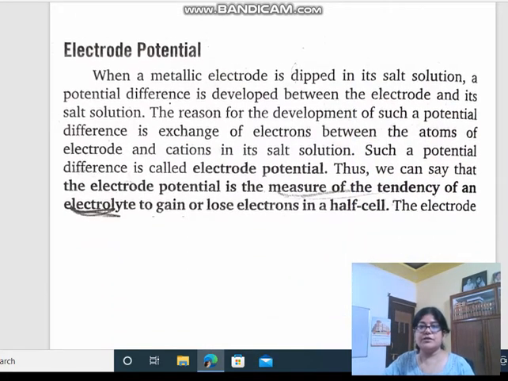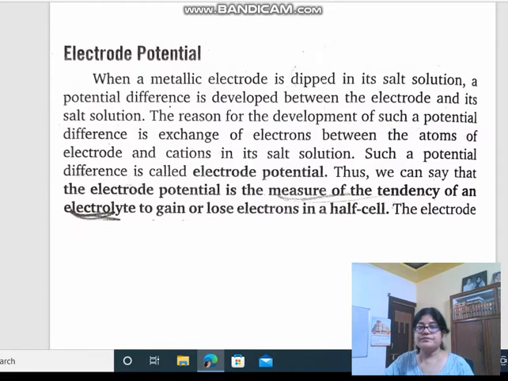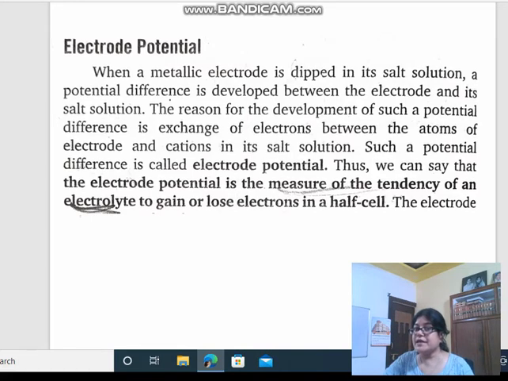So now the next topic, what is electrode potential? When a metallic electrode is dipped in its solution, for example zinc is dipped in zinc sulfate, copper is dipped in copper sulfate, that means any metal electrode, when it is dipped in its salt solution, there's a development of potential difference between electrode and the solution.